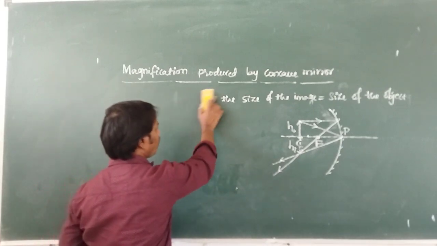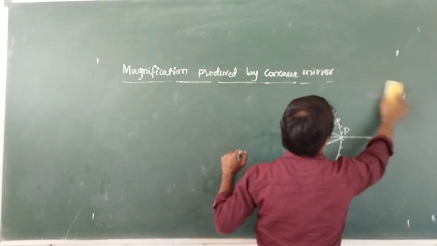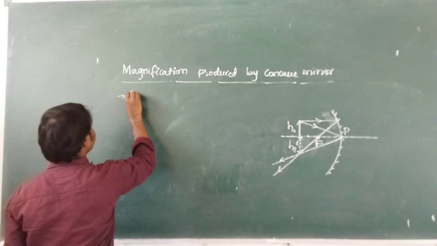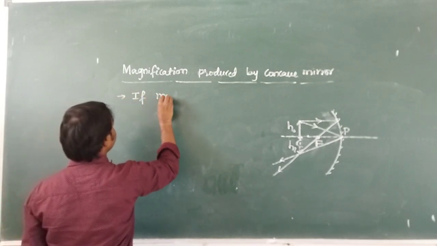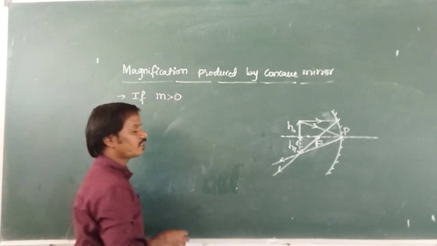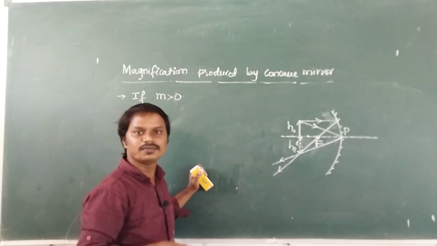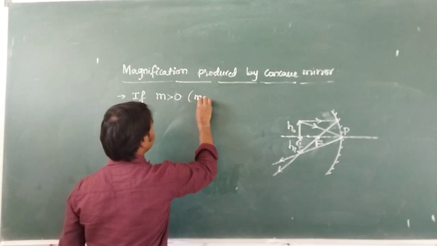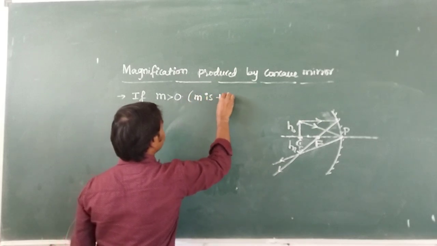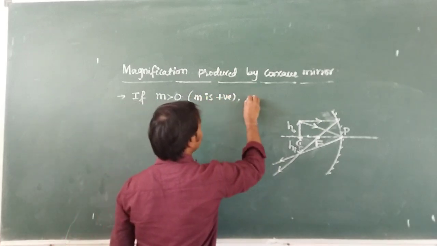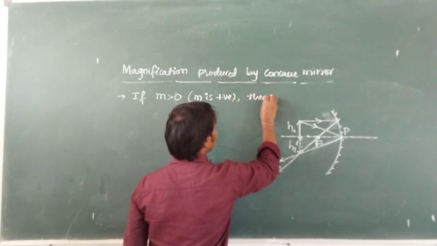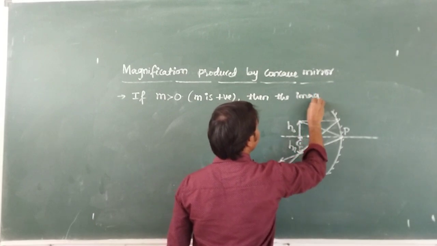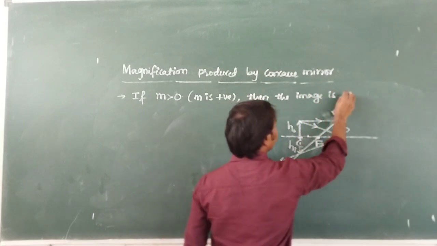So next point, if m is greater than 0, meaning any number greater than 0 is positive, here m is positive, then the image is virtual and erect.